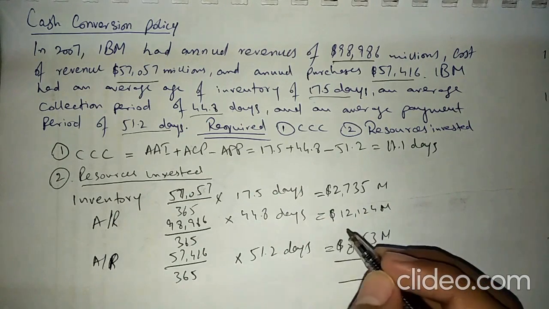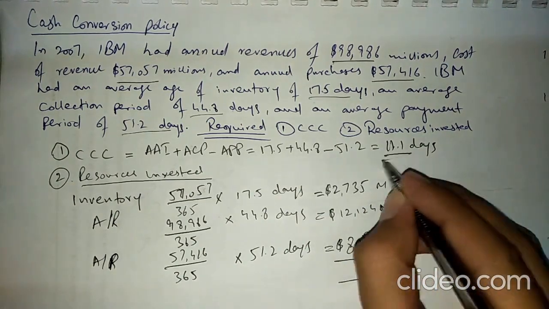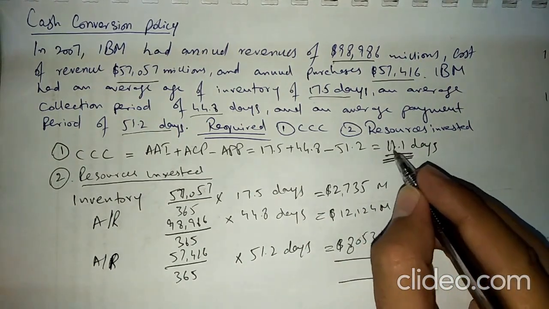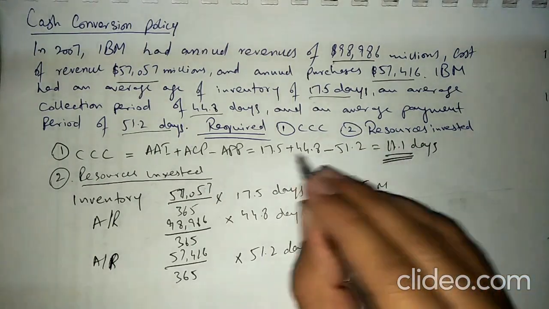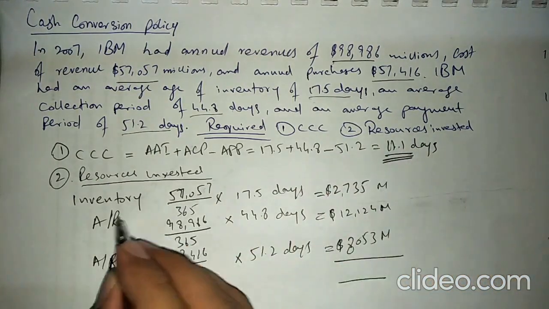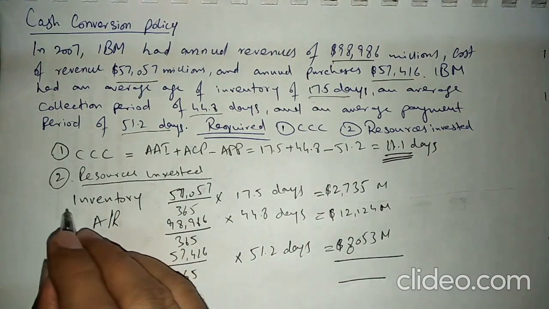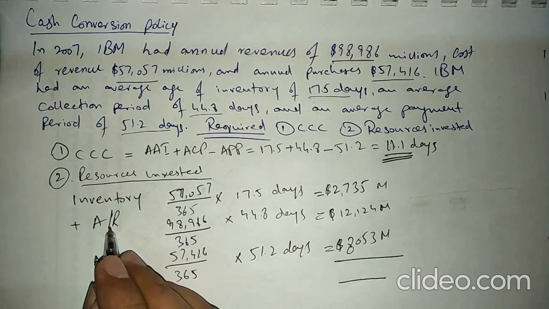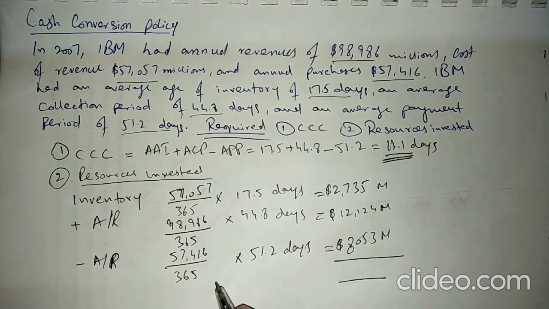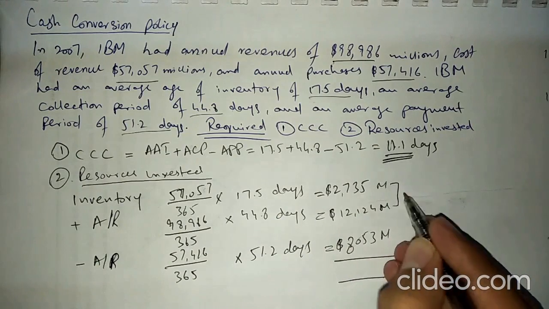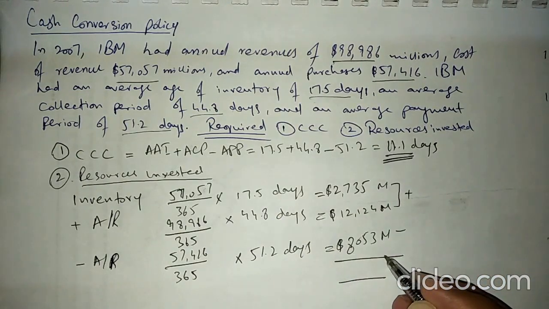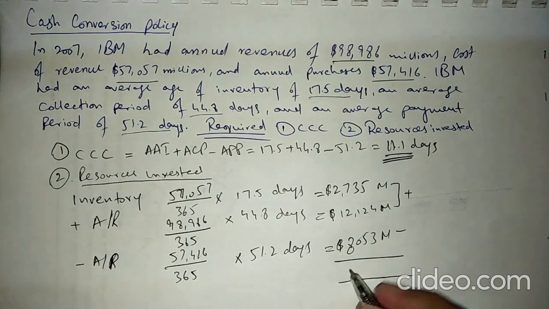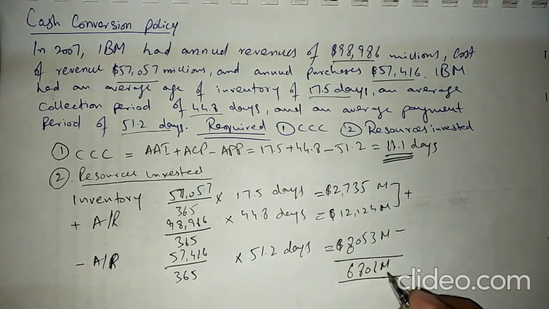So if we want to calculate how much cash we need to support 11.1 days of cash conversion cycle, we can calculate it by the sum of these two, inventory plus accounts receivables, minus accounts payable, and the overall answer is equal to 6,806 million.